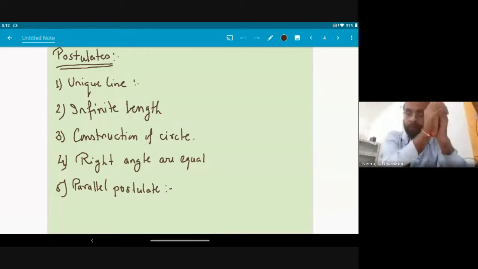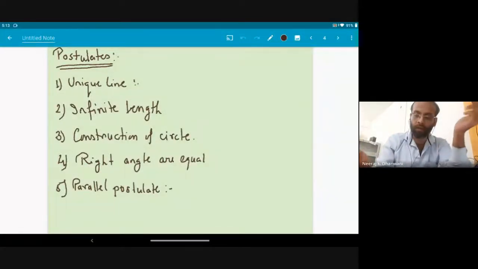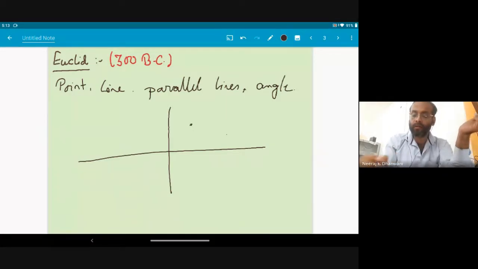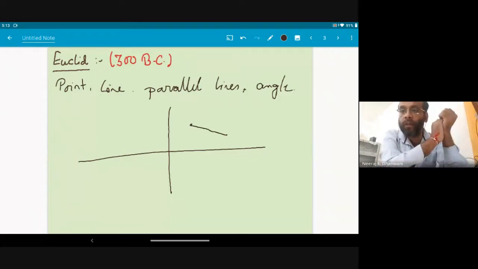So these are the 5 postulates which he assumed before the work started, which were very obvious for the geometry we know. You assume any R2 plane and you take any 2 points, then there should be only one line. What was the meaning of the line?